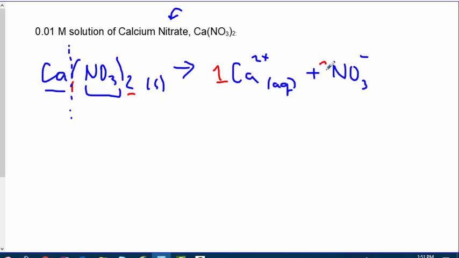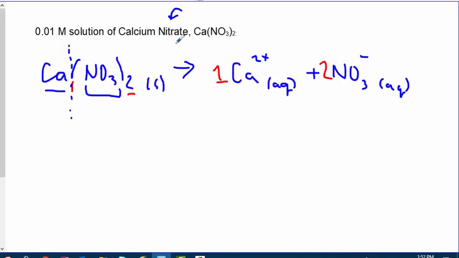So I'm going to put that 2 in front now as a coefficient because it's broken apart. And again, I'm going to use the subscript aq for aqueous to show that it's an aqueous species. It's an ion.